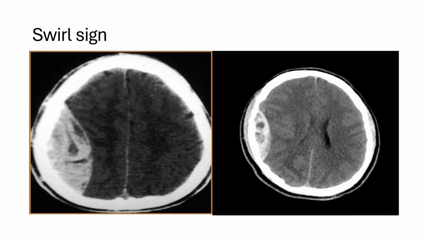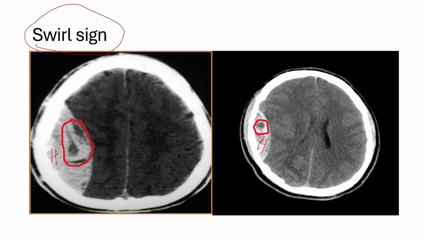There is a very important sign called the swirl sign. It is mostly associated with epidural hematoma. So what is the swirl sign? It is a critical marker of active bleeding, appearing as an area of lower density within the hyperdense collection or clot. This is the hyperdense area, the bright area, and this dark is the hypodense area.